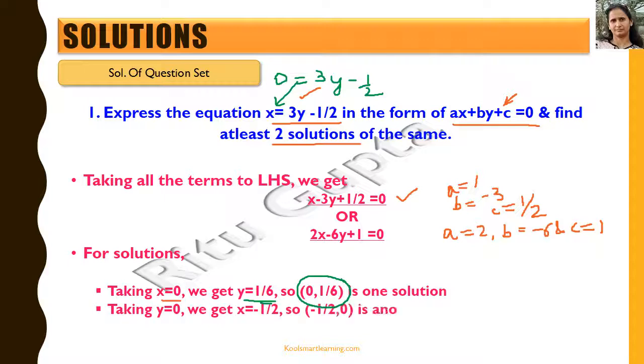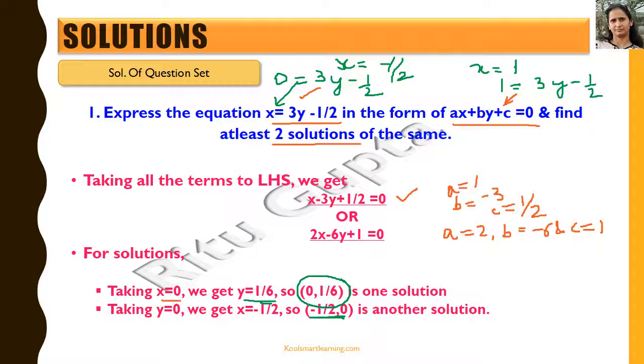And now we take y equal to 0, and this becomes x equal to minus half. So we directly get the solution, which is (minus half, 0). So this is the second solution. And for finding more than two solutions, we can take any value. Say for example, if we take x is equal to 1, we get 1 equal to 3y minus half.